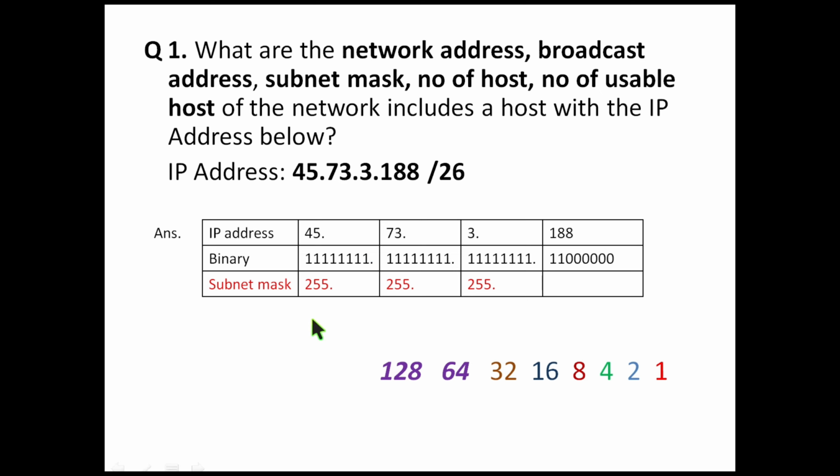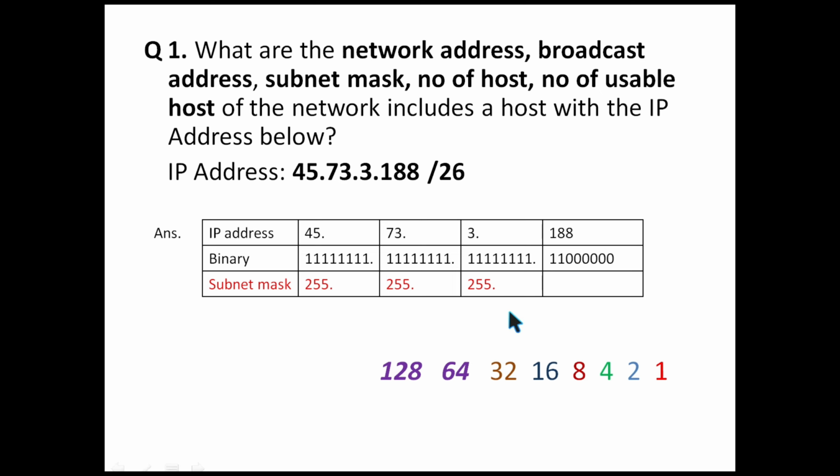Now let's find out the subnet mask. Eight 1s in binary means 255 in decimal. In the same way, each group of eight 1s is 255. Now the number of 1s here is only 2. Now let's find out how to get the subnet mask value in decimal from this binary number having only 2 ones. Each bit has a corresponding value: the first bit has a value 1, the second bit 2, third 4, fourth 8, fifth 16.